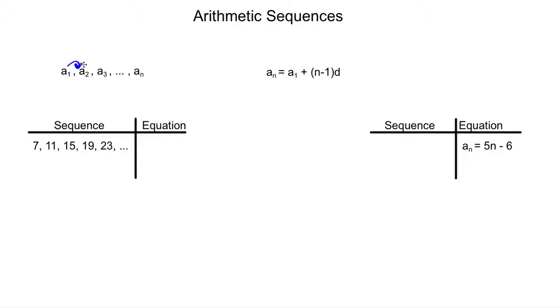Right here I have a sequence of numbers. So I'm going to call them all A with different subscripts. This is my first A, second A, third A, and I go all the way to n. n could be any number. I could have 5 values here. I could have 1,000,000, whatever. By putting subscripts, it helps me write all these. For each of these, I'm going to add a certain amount.